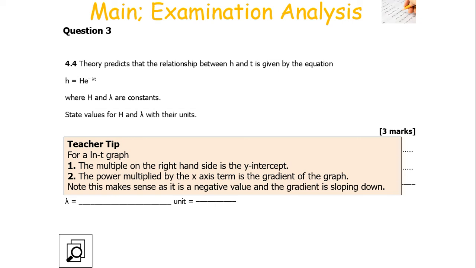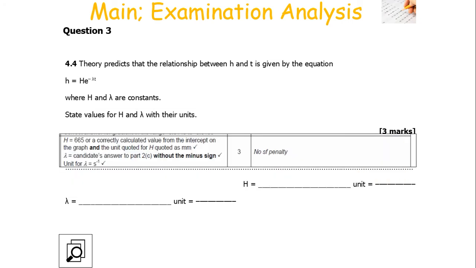So again, we've got two negatives here, which is why we'd remove the negative sign when we're working out lambda. And therefore, what's our unit going to be? Well, our unit is going to be the unit of the gradient. Now this is going to be very, very important, because you might say the units in the question were given as seconds to minus 1. Well, why were they not given as millimeters per second? Because it's y divided by x.